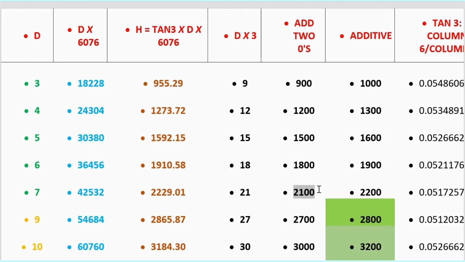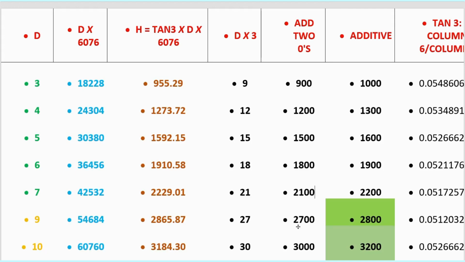So what I came across here is that anything more than, let's say, 6 nautical miles, we can add an extra 100 feet, or 5 miles, the same thing as well. An extra 100 feet is very important because it gives you a bit of clearance from the ground. So 900 plus 100 gives you 1000, 1200 plus 100 gives you 1300, 1500 plus 100 gives you 1600, 1800 plus 100 gives you 1900, and so on and so forth.